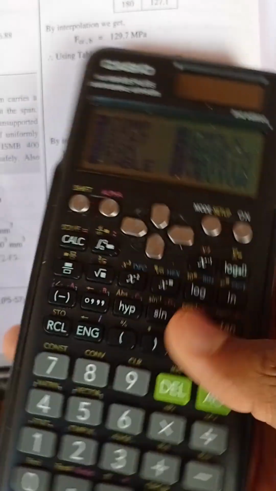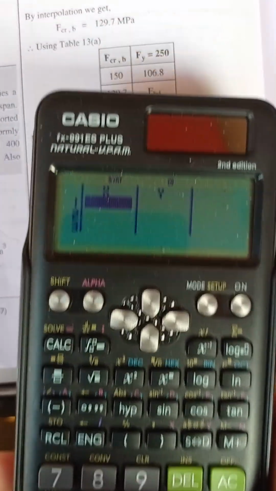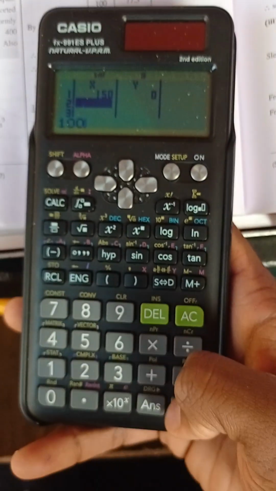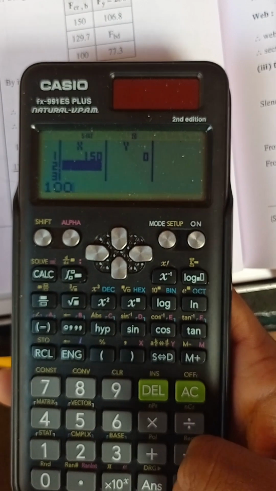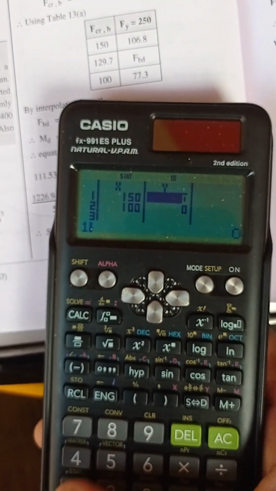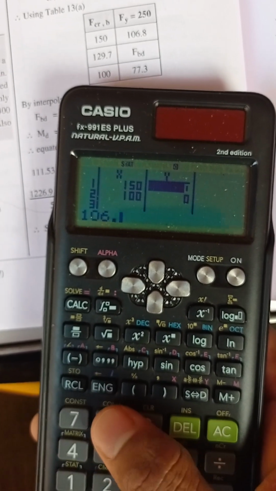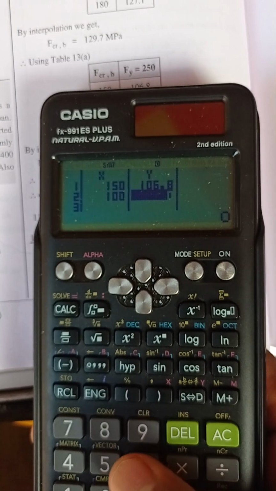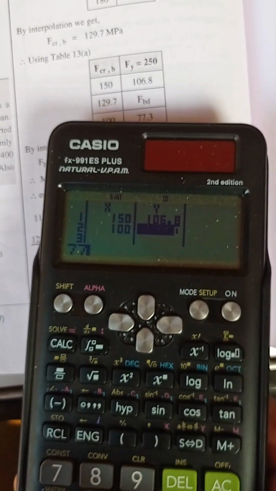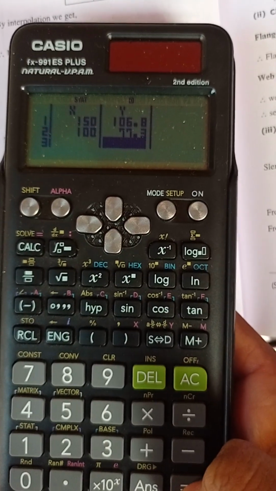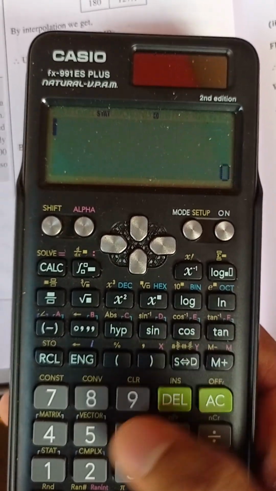I can show you again. You have to press equal here. Equal, then after done, another equal, then AC.